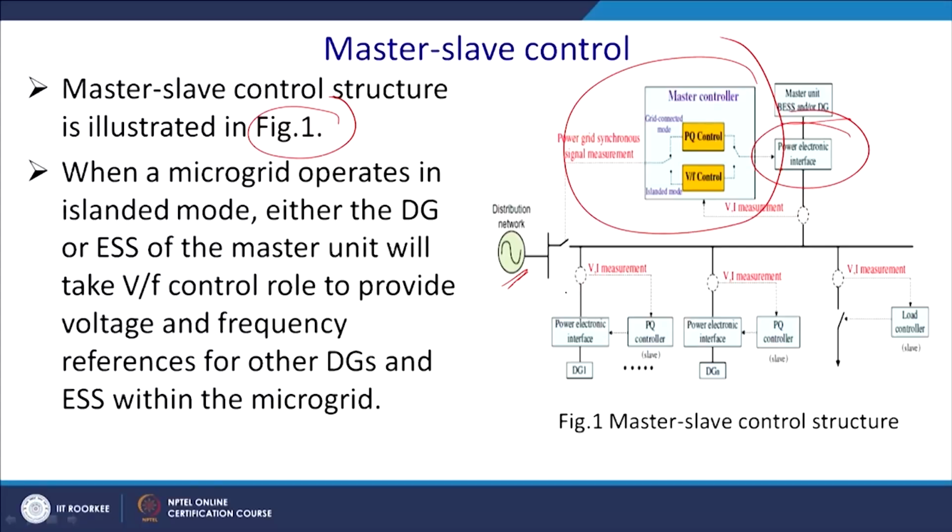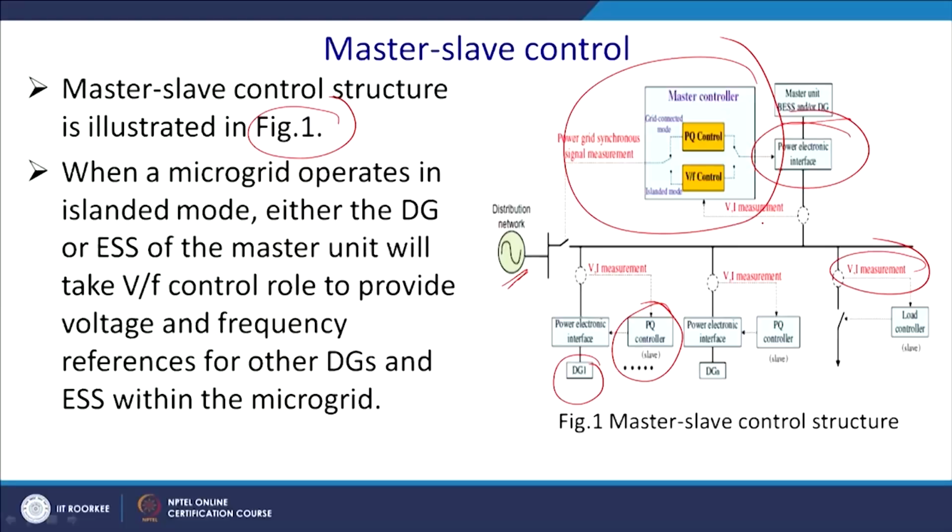You will have VI measurement and the power electronic interface of DG1 and so on, and it will follow this master controller in toto, that is in a PQ controlling mode. We also have another generating unit or the energy storage unit. Also, you can have a load with a controller with a load shedding scheme, and thus also a provision for measurement of V and I.